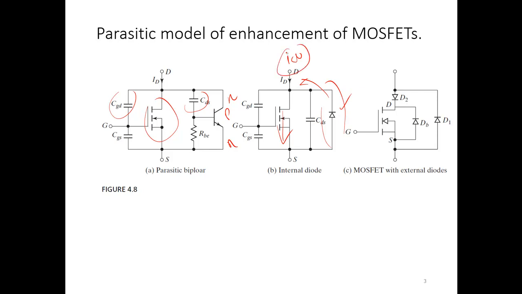As a result, you cannot rely on that built-in diode to do the freewheeling action. If you want a freewheeling diode in the opposite direction, you apply an external diode there. That's why the freewheeling action is done by this external D1.